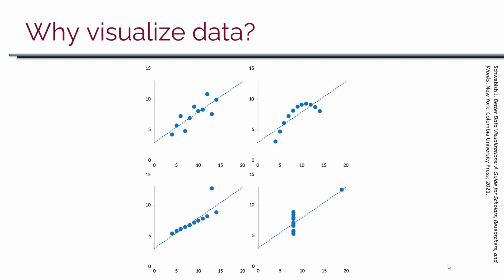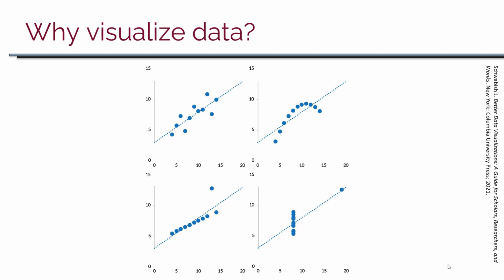The second one goes up and then goes down, but is still somewhat around the regression line, right? This third one looks like most of the points are very close to the regression line, but there's one outlier out there. If you were to look at it, you may want to investigate what that outlier is. Was it an error? Or is it a true outlier in your data? And then the fourth one is really disturbing.